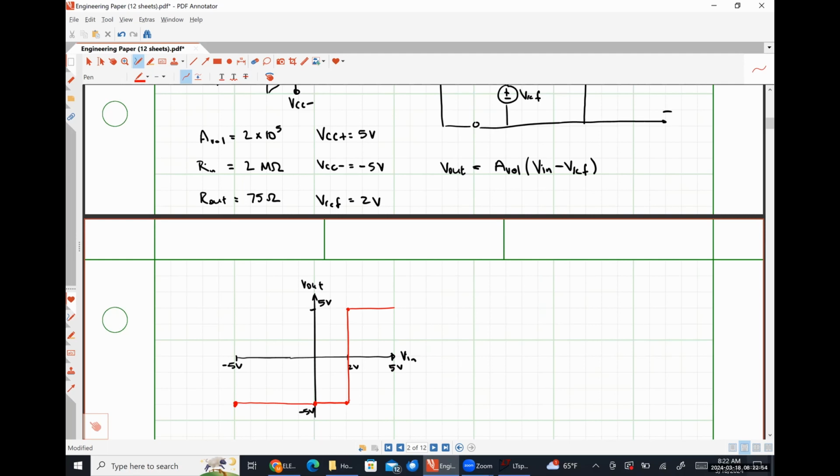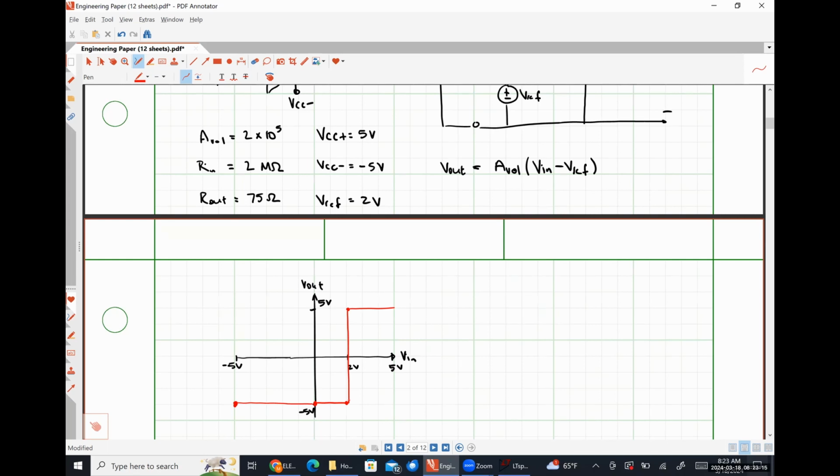The slope should be on the order of 200,000 volts per volt, the gain, right? So because our input voltage has to be within a couple of microvolts of this reference voltage, we can really just kind of throw that part out.